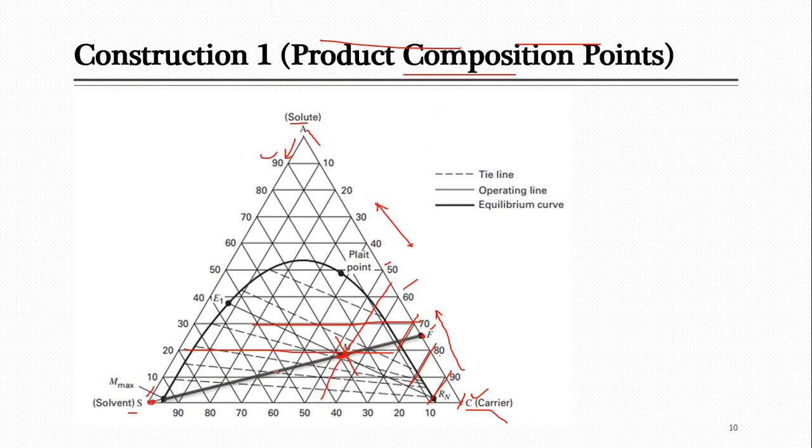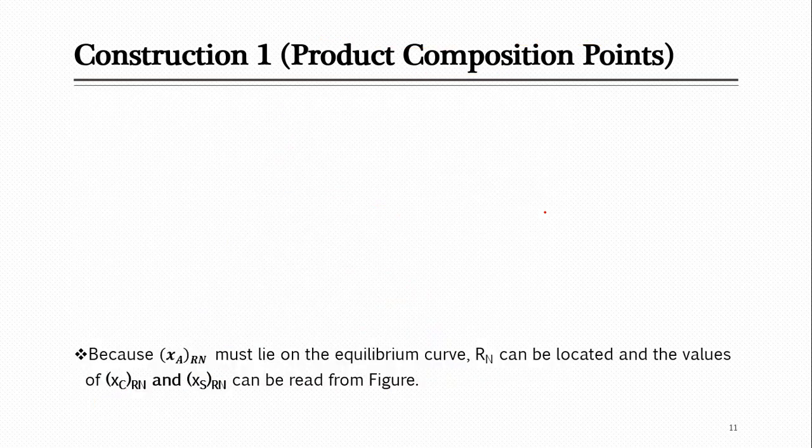Although they are available in this diagram, first we have to look at a few things and then we will come back to this diagram with the location of these product composition points, similar to looking for extract and raffinate in the previous examples.